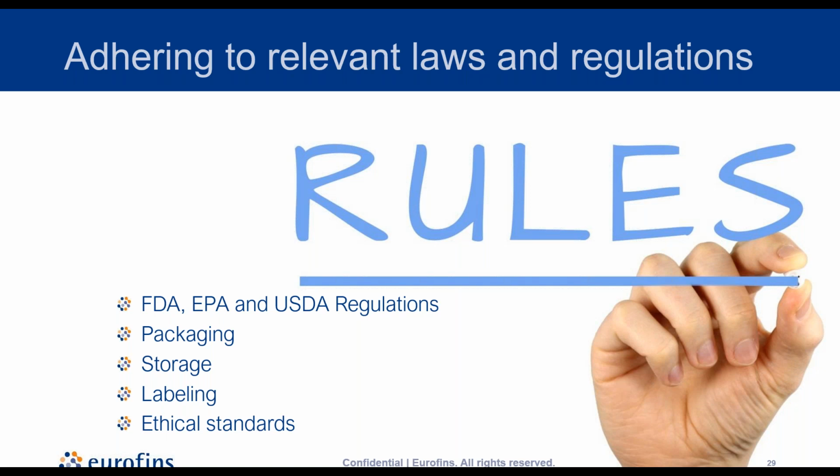In addition to legal actions, it's also important to adhere to ethical standards and best practices in the industry. This includes being transparent about the ingredients and production processes used in your products and ensuring that they're safe for use in animals. By following these guidelines, you can provide high quality veterinary products that are both effective and ethical, establishing a strong reputation within the industry and among animal owners.